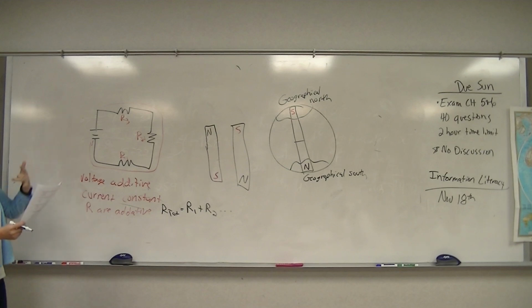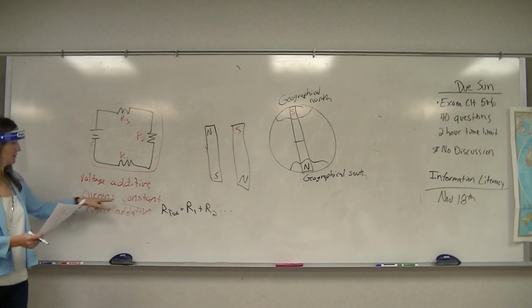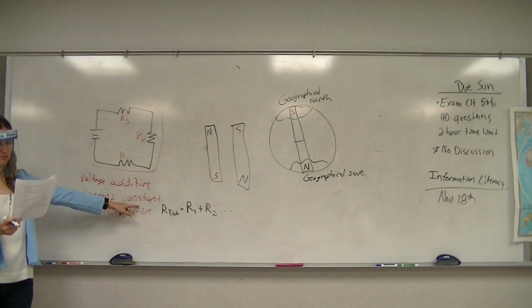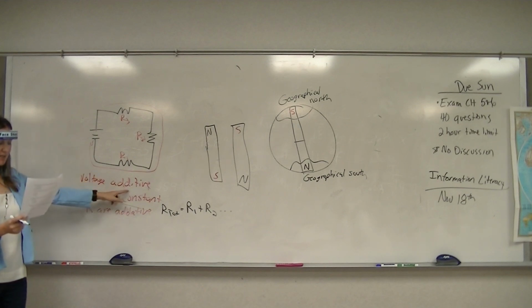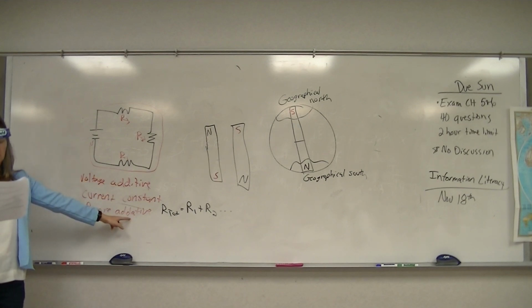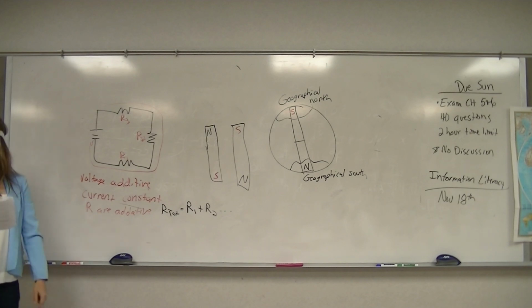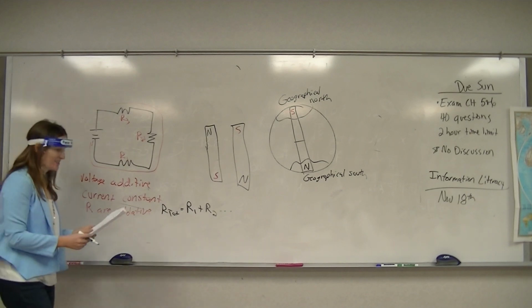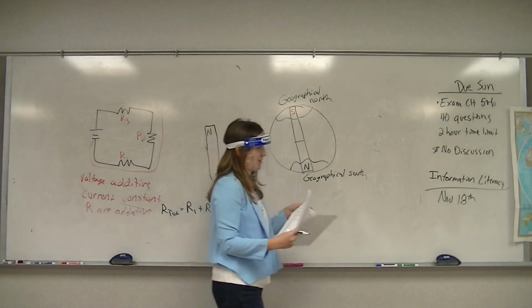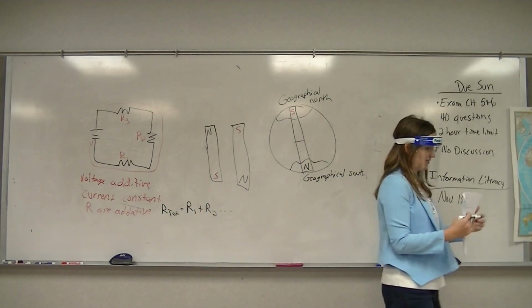And they will also help you answer not only this question, but other concept questions with the series circuit. So in this case, they're saying which one's constant out of voltage, current, resistance. It's going to be current, because voltage is additive and resistance is additive as well. Power, we don't know anything about power, and the series circuit in this class we haven't learned anything about, but it's not going to be constant.